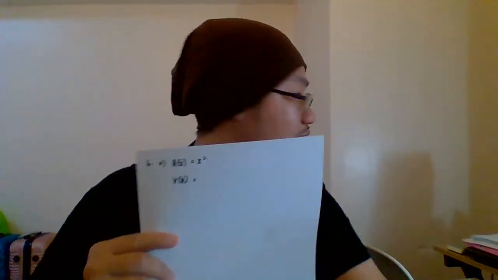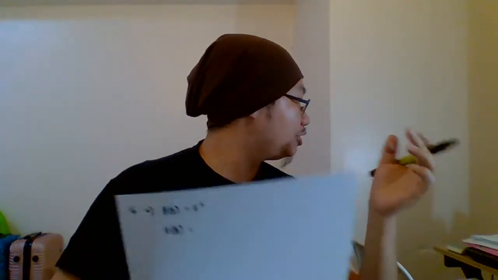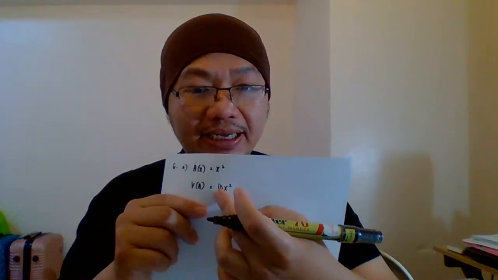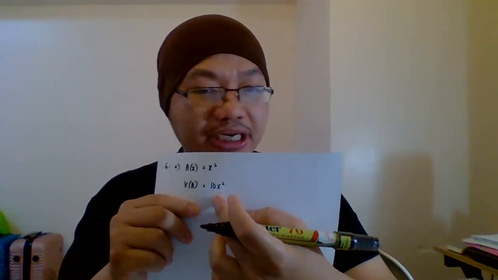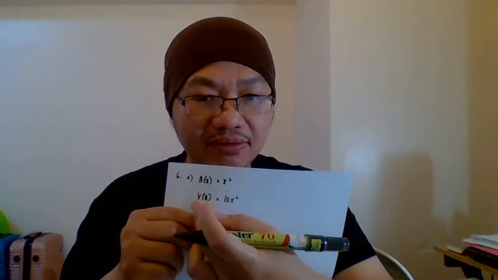So what's the volume of that tissue box? Base times height, right? So the base is x squared. The height is 10, right? They are multiplied so that we can find the volume.